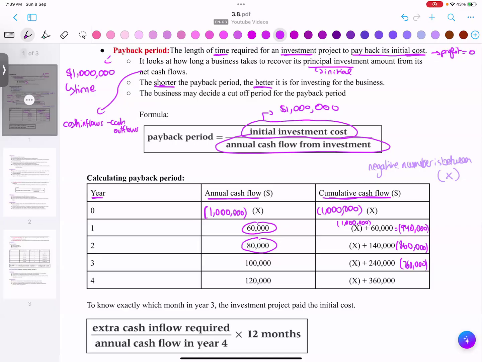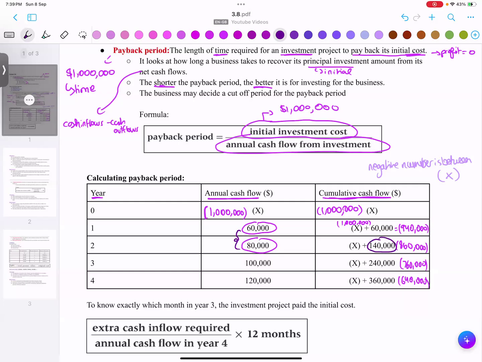Okay, so I just want to explain one thing here: this is going to be 640,000 when you're done, right? So the money didn't actually pay back in the case I gave you. But for example, here, 60,000 plus 80,000 make 140,000.